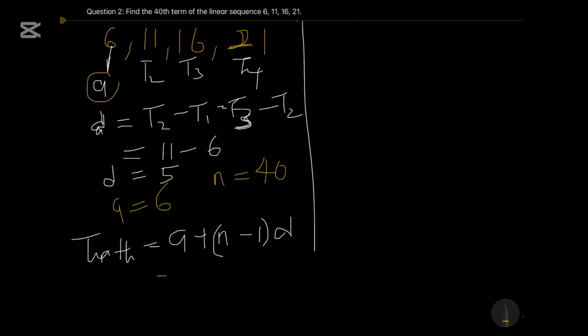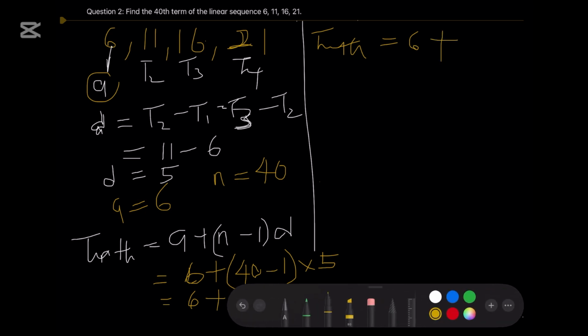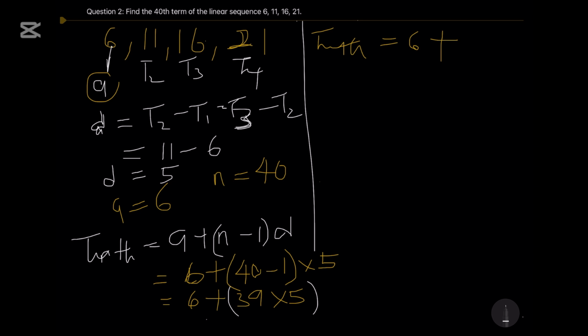So substituting into this formula, we have A, which is 6, plus n, which is 40, minus 1, multiplied by our D, which is 5. So now we have 6 plus 39 multiplied by 5. Now 39 multiplied by 5 gives us 195.